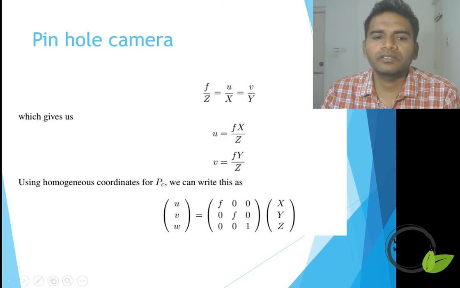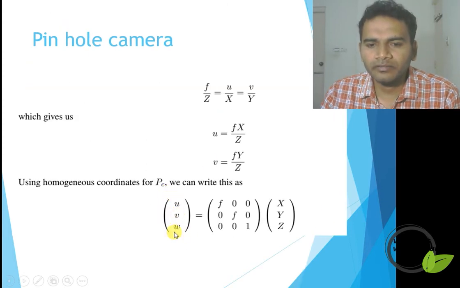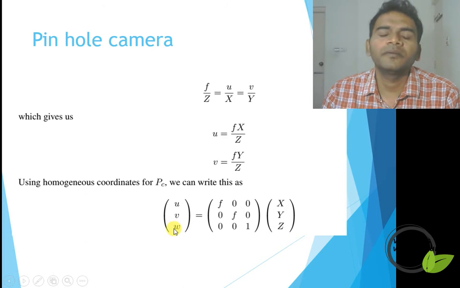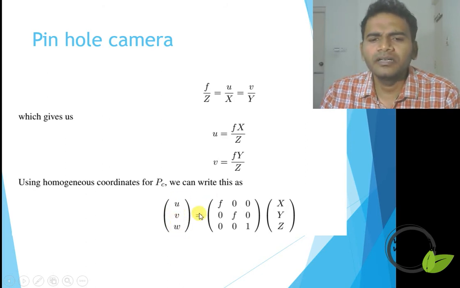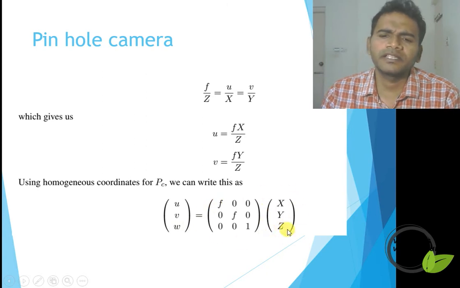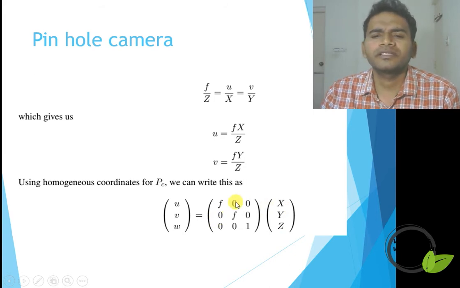So if we convert this into homogeneous coordinates, for the point PC, we'll get U, V, and W. W is something which I'll discuss in the later part, and U and V are the location. And for this, you have the X, Y, and Z coordinates, which are to be multiplied with a 3x3 matrix, which has the principal component of focus passing diagonally.